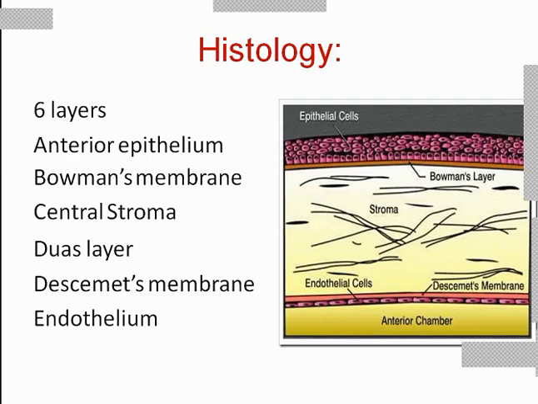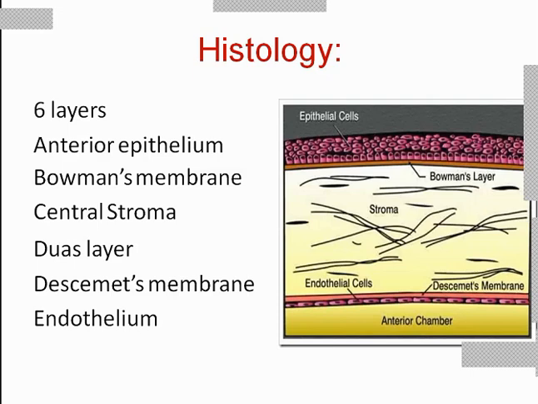And then the bulk of the cornea is produced by the corneal stroma. And then there is a small layer separating the endothelial cells from the stroma. It's called Descemet's membrane. It's like a condensation of fibers.